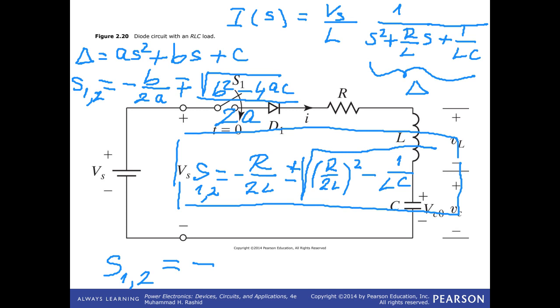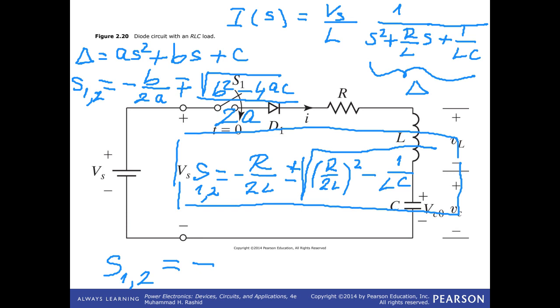You are just going to use this equation. You put b here as R over L, so R square over L square, divided by 2.